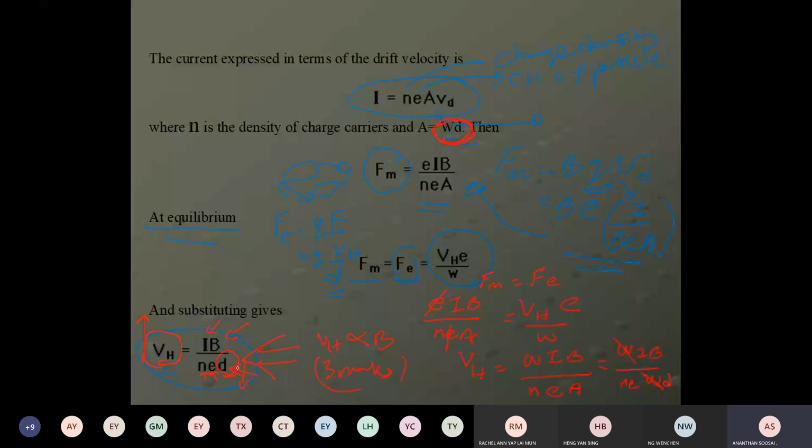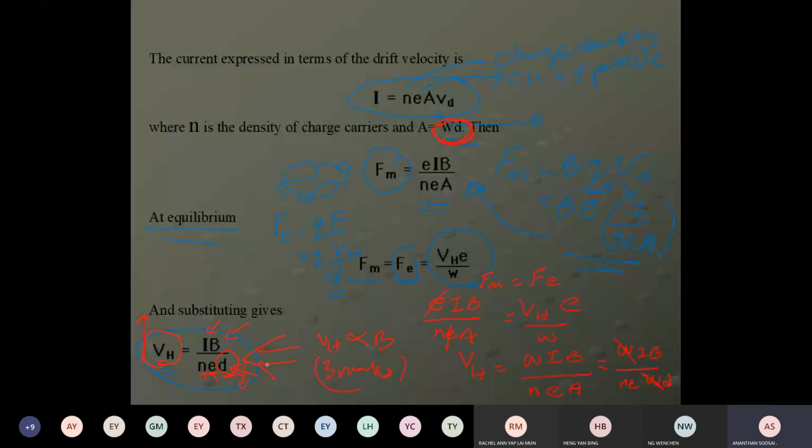Which can give you a significant Hall voltage value, a semiconductor slice or a metal conductor? Anyone? Look at this equation.